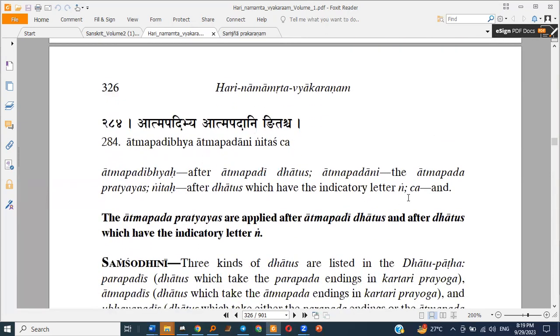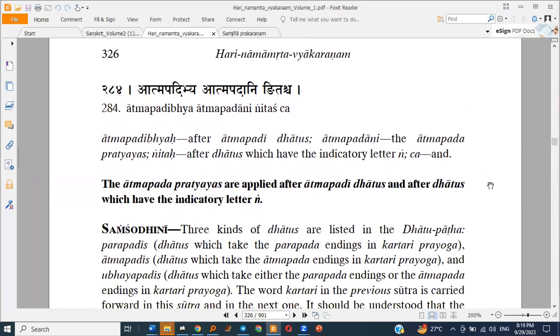Okay, the next sutra says Atma. That discussion about Kartri, Karmani, and Bhava was a general discussion given by the Sankshodhani Tika. Atmapadibhya Atmapadani Nitascha. So the Atmapada Pratyas. Now we have Parapada Pratyas and we also have the Atmapada Pratyas. The Atmapada Pratyas are applied after Atmapadi Dhatus.